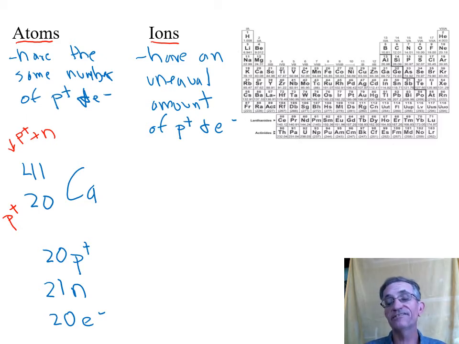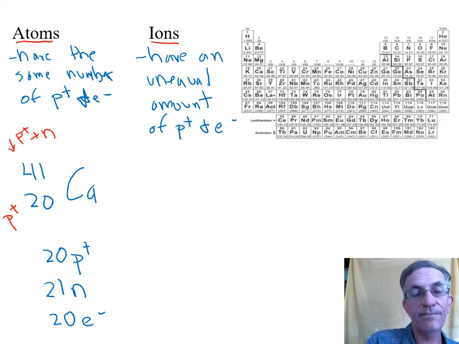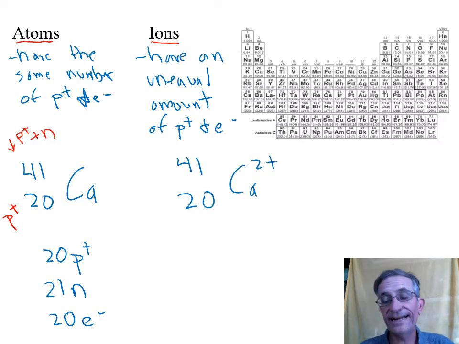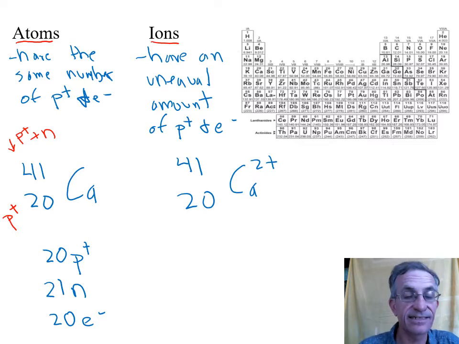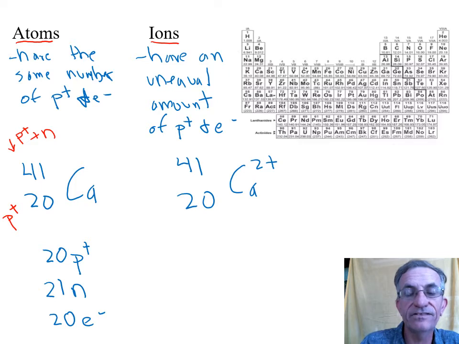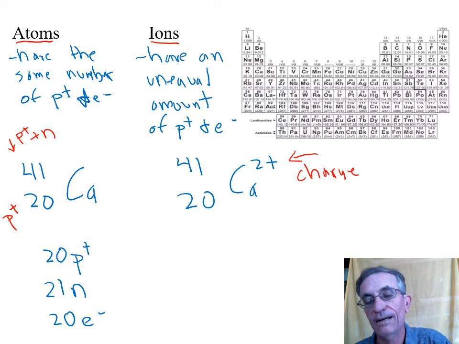Let me show you a symbol for an ion. It might look something like this, 41 over 20 Ca plus 2. One way I know right away that this is an ion is that you're going to see a charge in the corner, the top right corner.